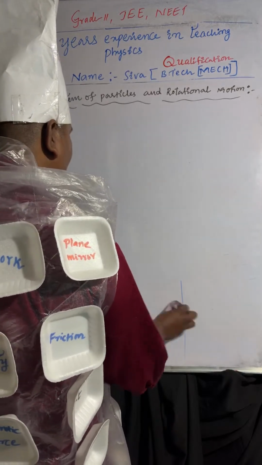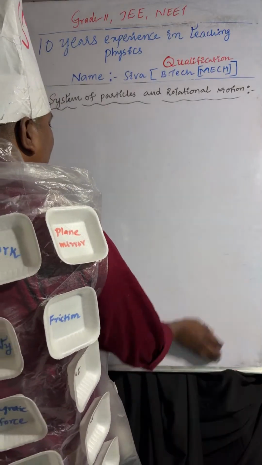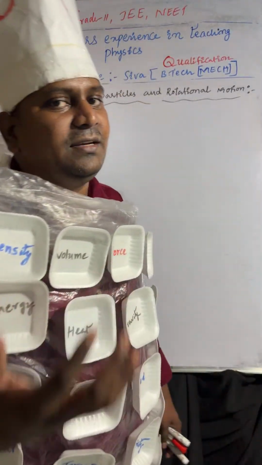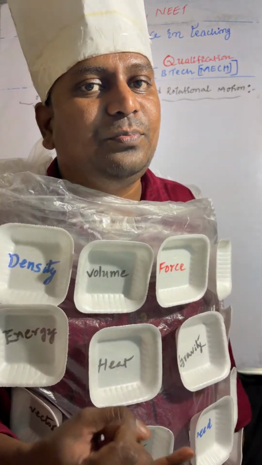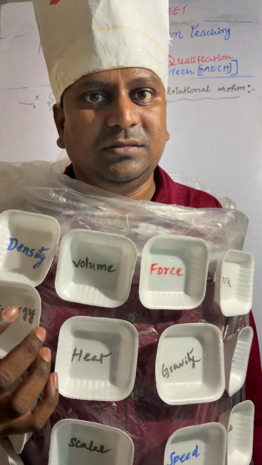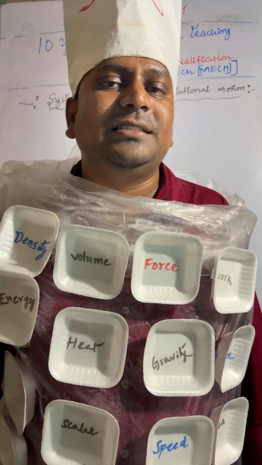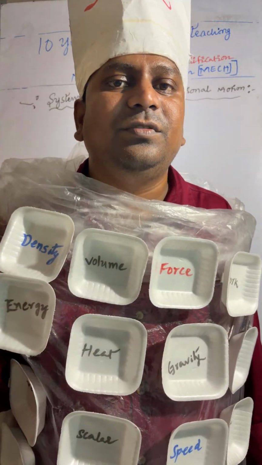So this is about the position of center of mass, velocity of center of mass, and acceleration of center of mass. We discussed the position vector, velocity vector and acceleration vector of center of mass. Now, along the x-axis, y-axis and z-axis, how will it be?